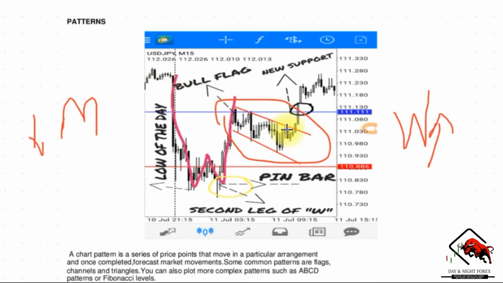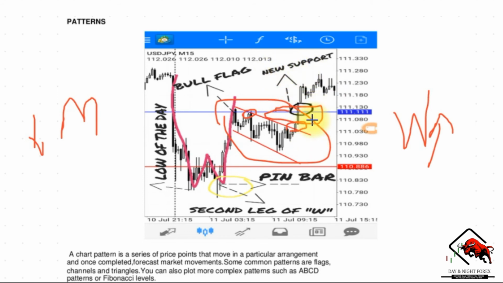So there's a clear break right here, and then as you can see, we had a new support being set up right there. But remember, as I said, a support is once a resistance. So here it was a resistance, resisting the price, which pushed down, and then it went back up, it broke through that, and now it's a new support.